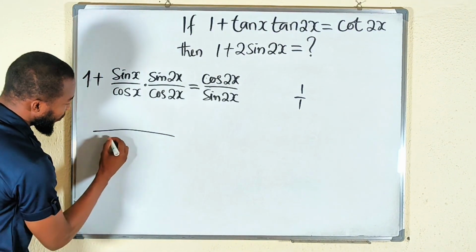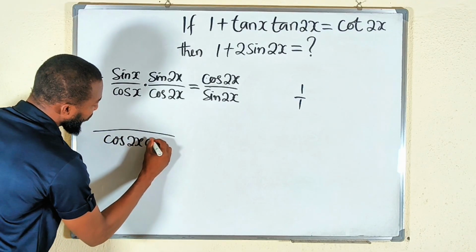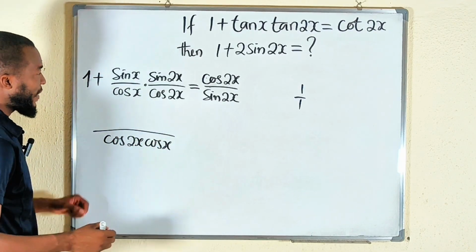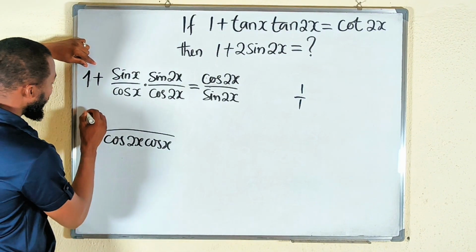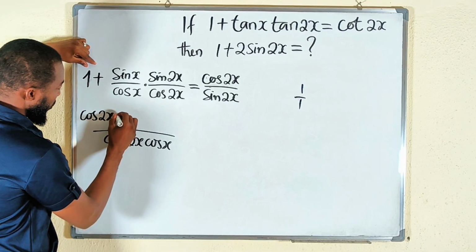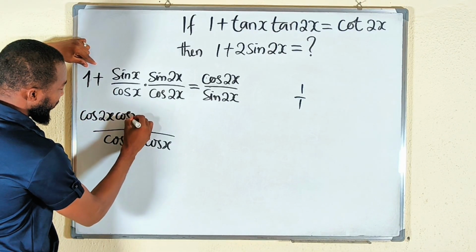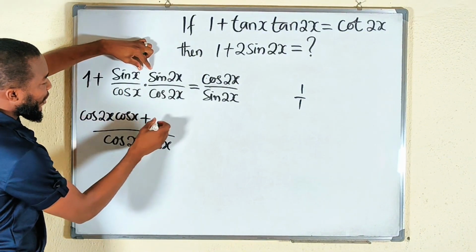Let me start with this one. We have cosine of 2x multiplied by cosine of x. Then, to the top, we are going to have cosine of 2x times cosine of x, right? From this one. Then plus, we have another one here.